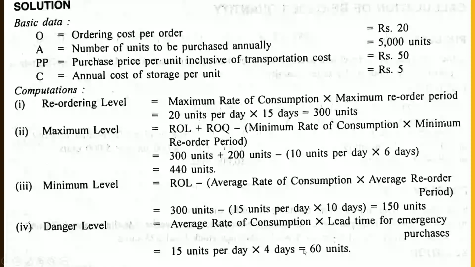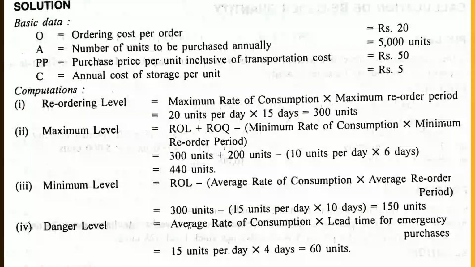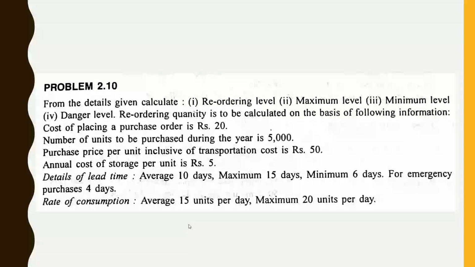So the working: EOQ, that means reorder quantity, the square root of 2CO divided by I, will be 200 units. Then average rate of consumption, so average consumption is 10 units. These two are our working. So in this way, we have to calculate. But this is very simple, and in the last class, we discussed such type of questions.